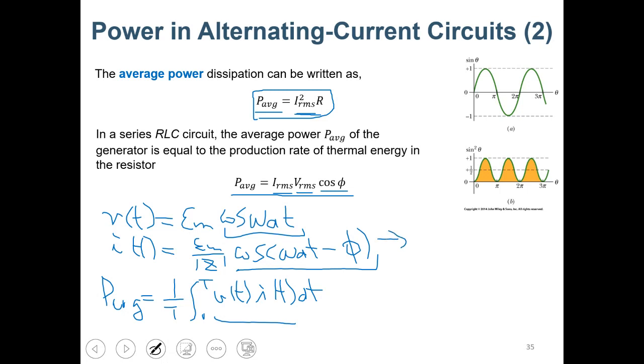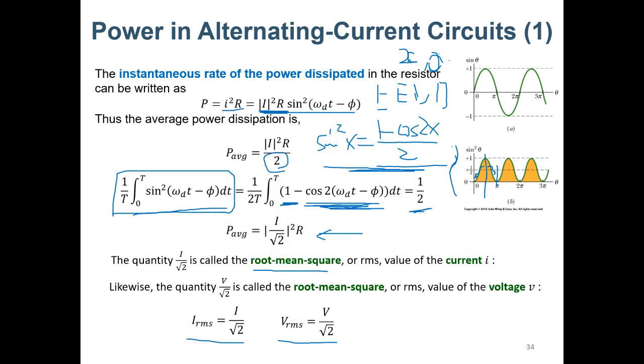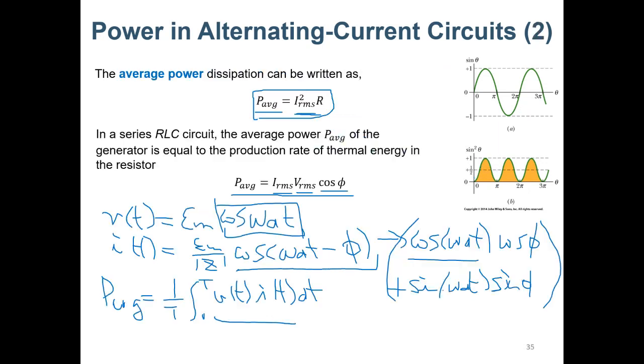And you know that cosine of alpha minus beta is cosine omega_d t cosine phi plus sine omega_d t sine phi. When you multiply this term by this one, you have cosine squared, and when you integrate it you will simply get 1/2, multiplied by cosine phi. So we have cosine phi here.